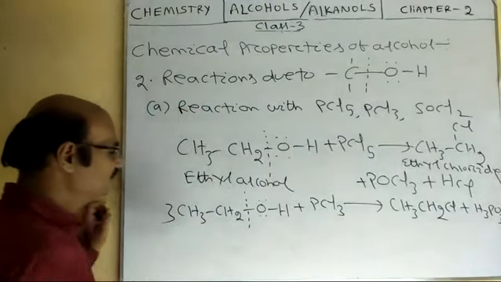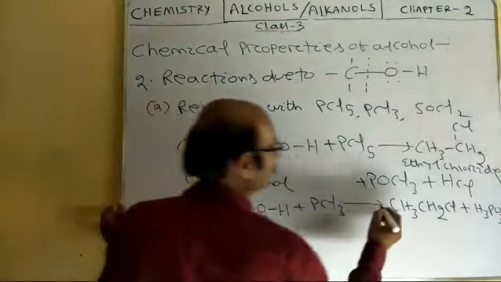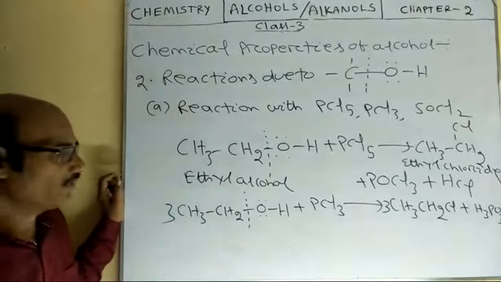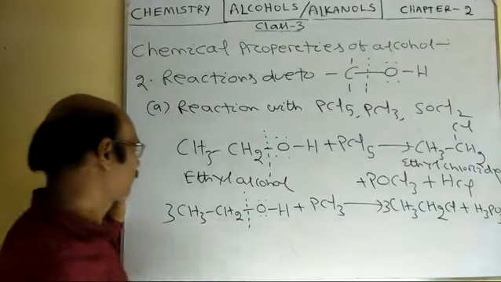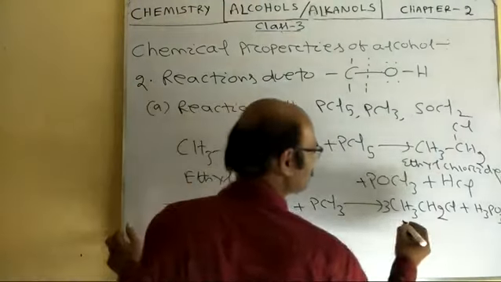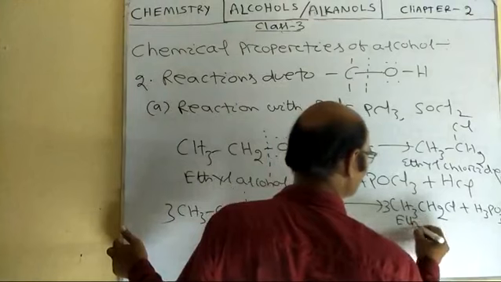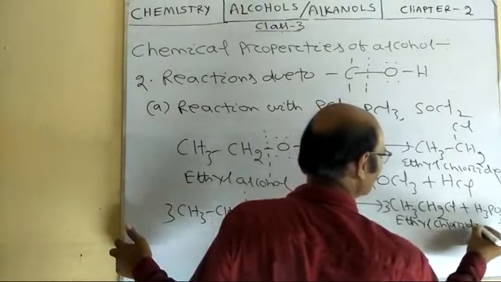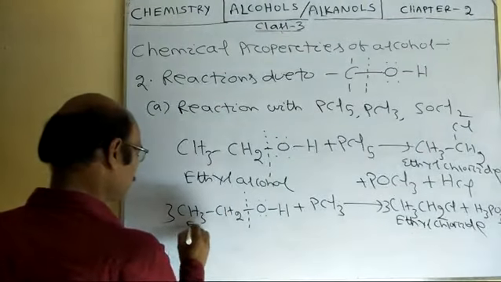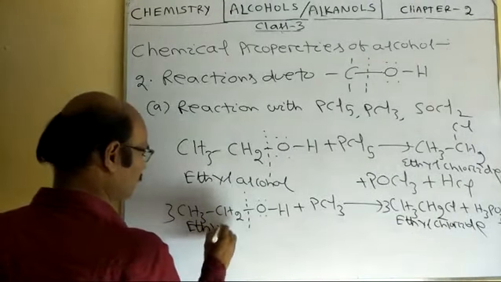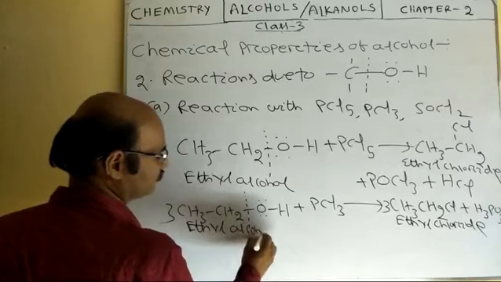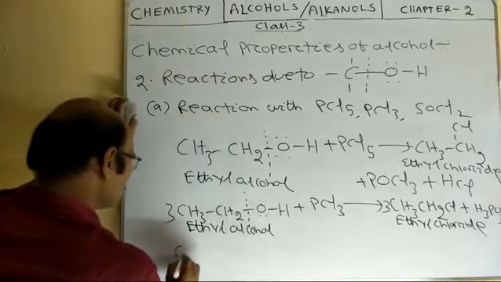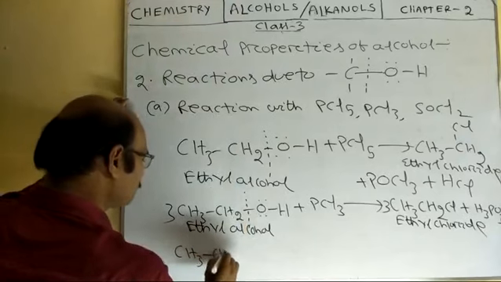So 3 CH3CH2OH plus PCl3 gives 3 CH3CH2Cl plus H3PO3. Ethyl chloride, from what we call ethyl alcohol.